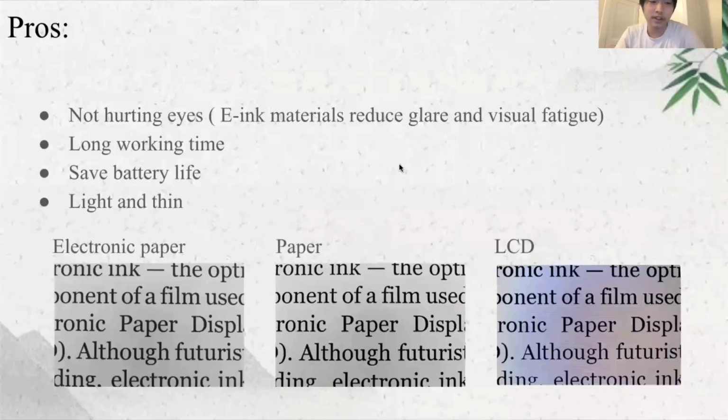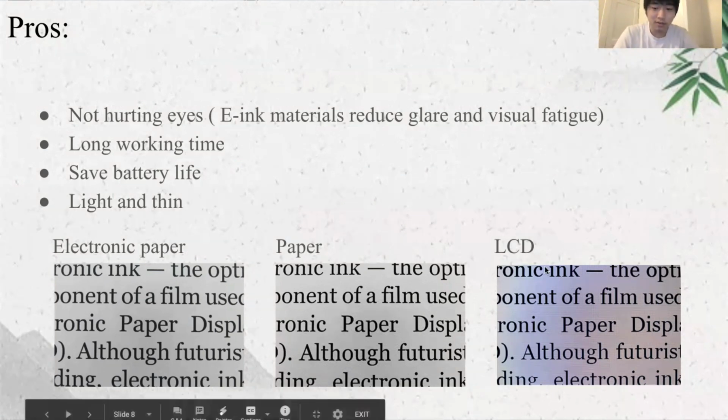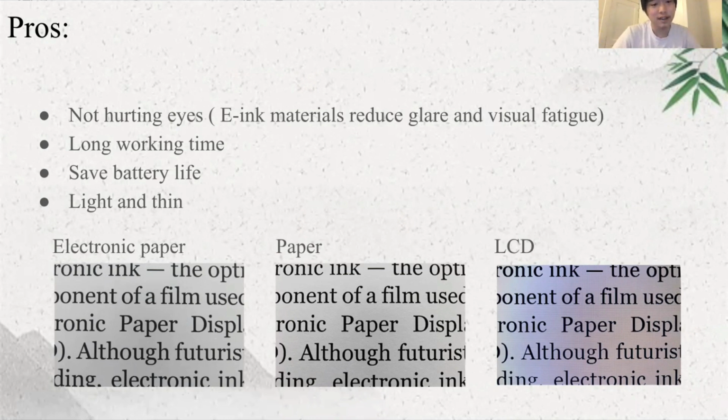Here we're going to talk about the pros of the e-reader display. It does not hurt the eyes because electronic ink reflects light. There is no backlight like an LCD screen, which is shown below. So it can maximally protect your eyes. The e-reader display also has a long working time. What do I mean by long working time?